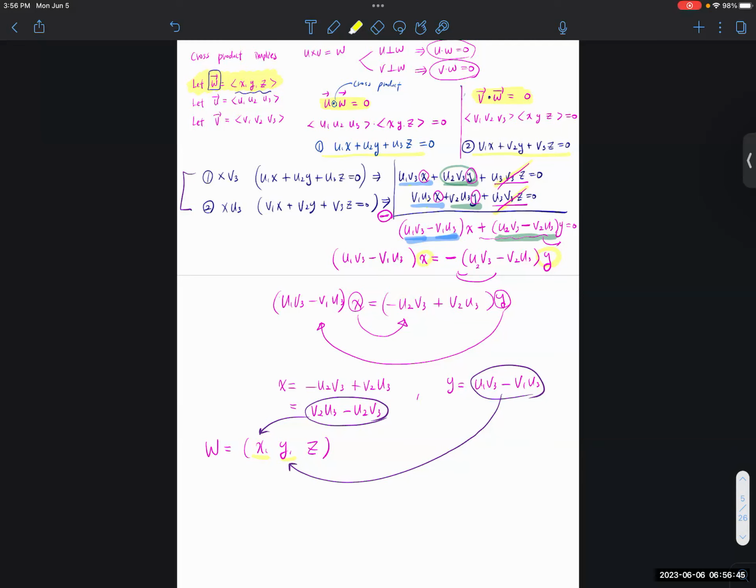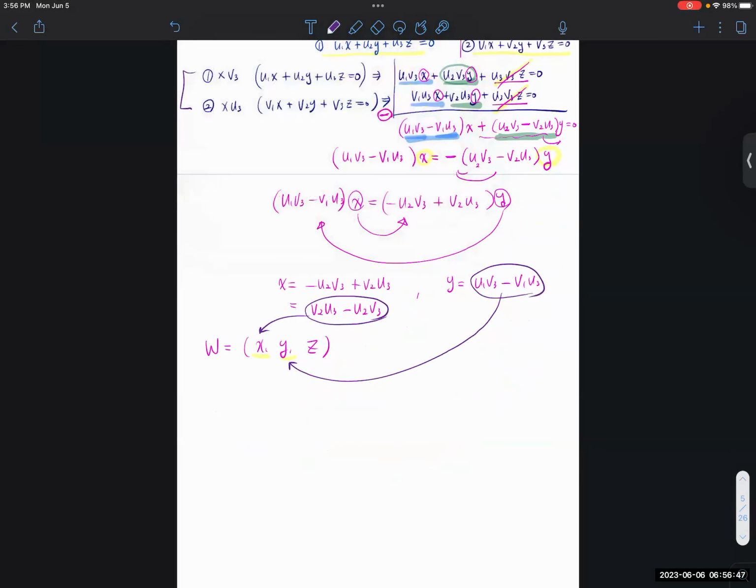So at the end, you're going to find out W will be, okay, U2, at the end, you're going to find out what we got: V2 U3 minus, I can change this order if you want, V3 U2. And then you found out U1 V3 minus V1 U3.